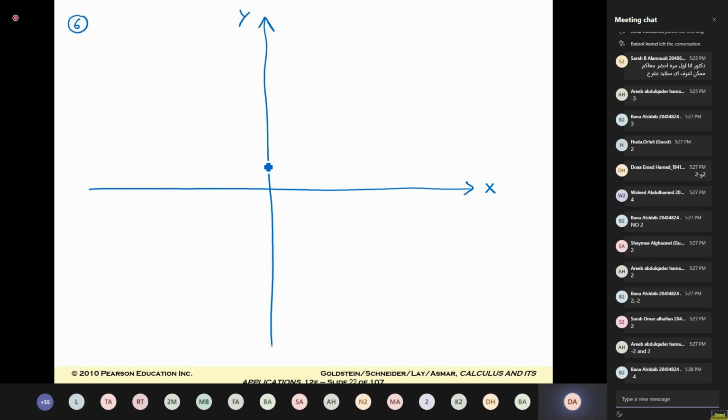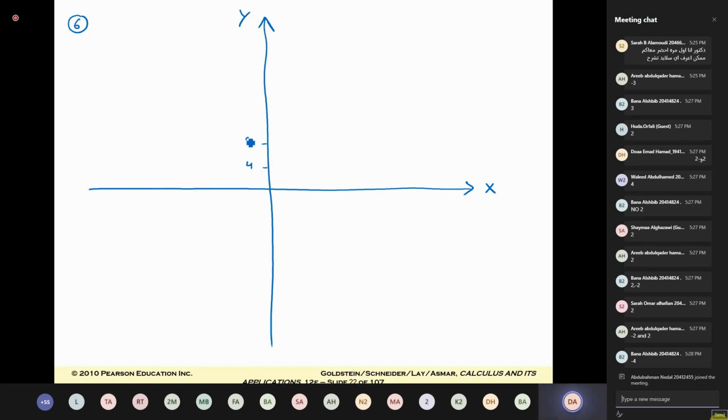So we have this is the x, y, 4, 8, 16, 20, 24, and so on. Minus 4, negative 16, negative 20, negative 24. This depends on the points.